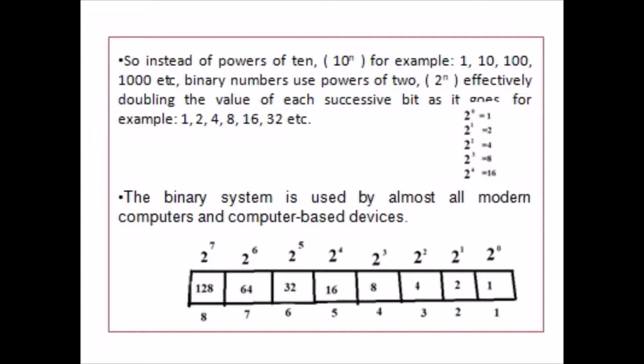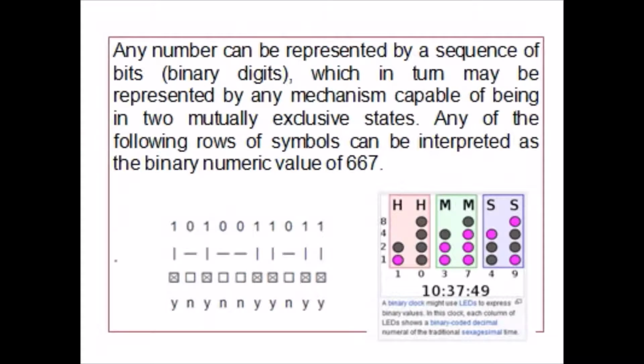The binary system is used by almost all modern computers and computer-based devices. Any number can be represented by a sequence of bits, that is, binary digits, which in turn may be represented by any mechanism capable of being in two mutually exclusive states.